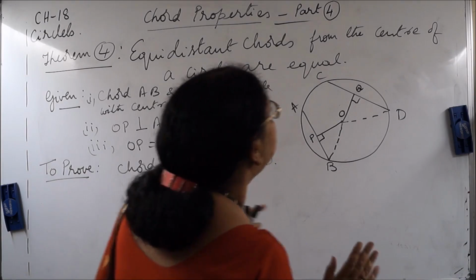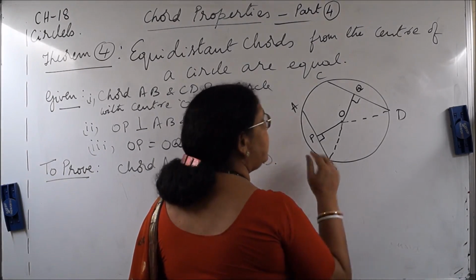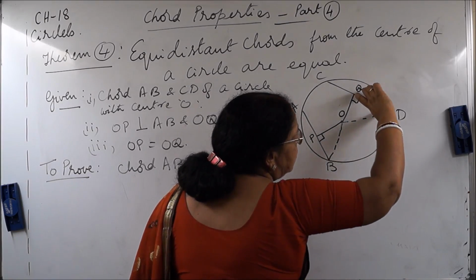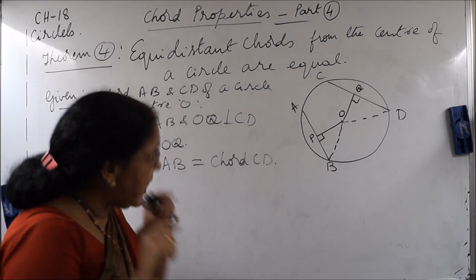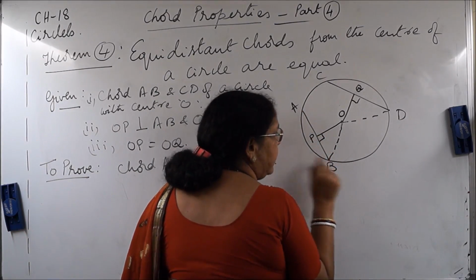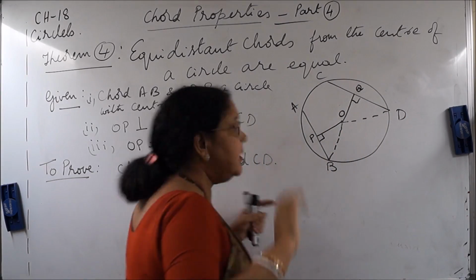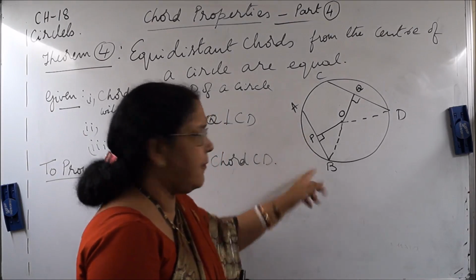In order to prove that, we know that P is the midpoint of AB, that means PB is half of AB.